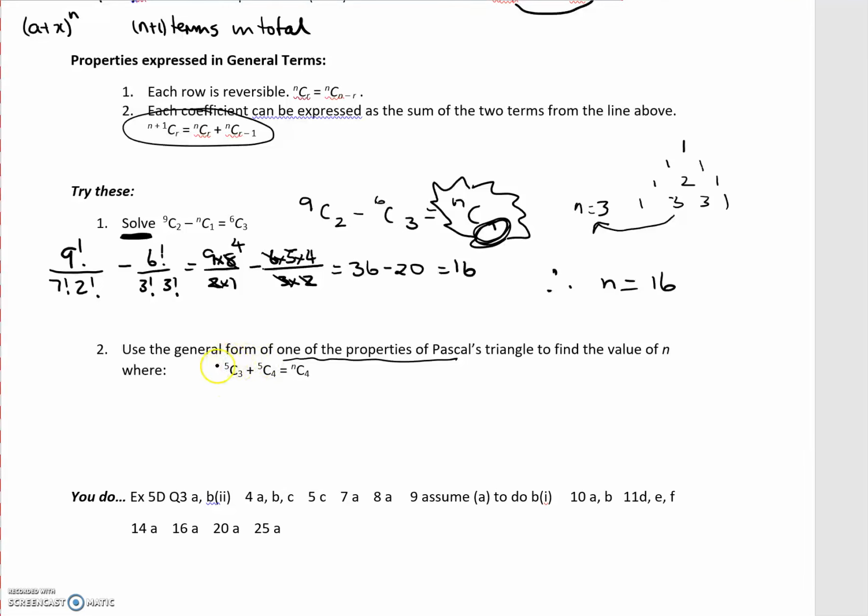These two values here are the same. This is taking us to this property right here where we've got the fourth term and the fifth term, or the fourth and fifth coefficients of the fifth row, and we know they would equal the fifth coefficient in the sixth row. You can write your answer straight down as n is equal to 6.